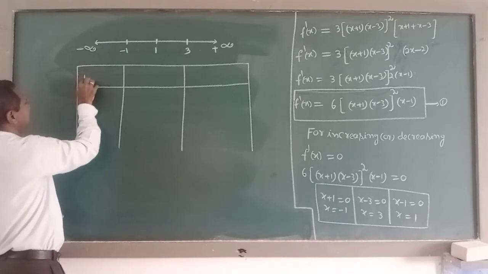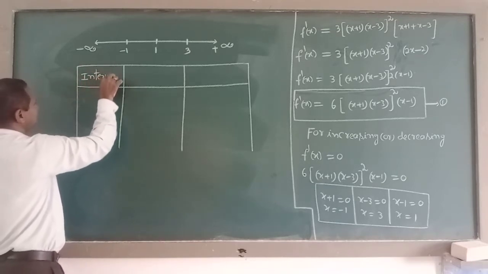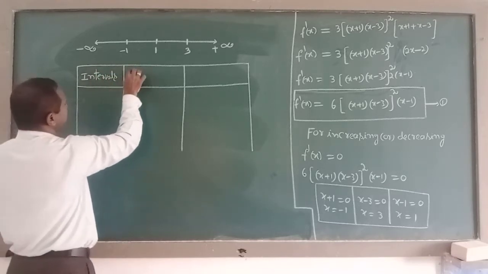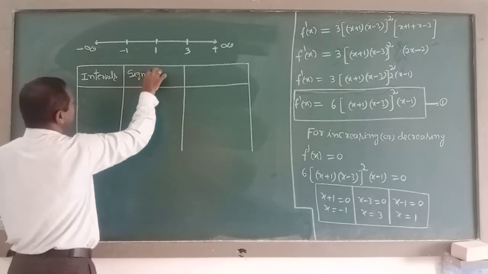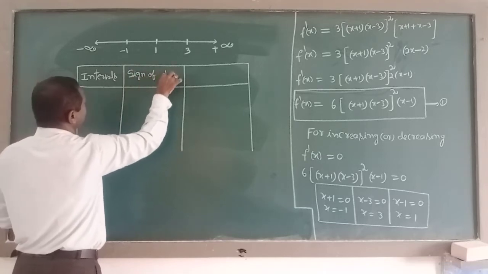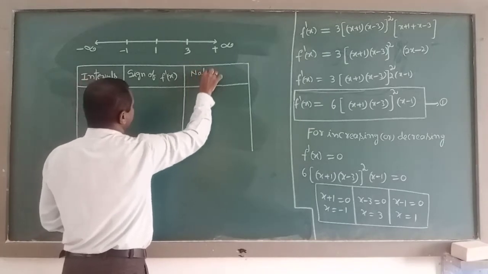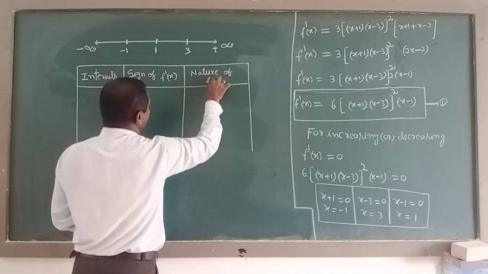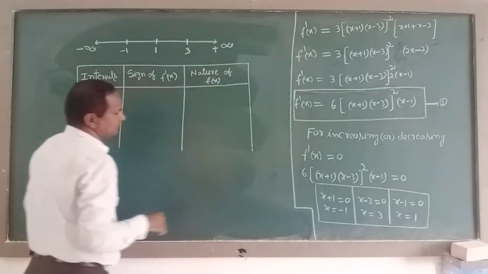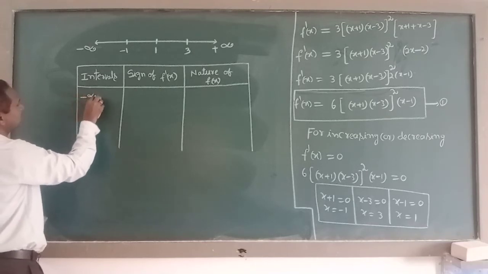Then nature of f of x. The first interval is minus infinity comma minus 1.